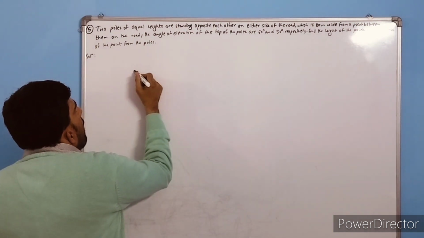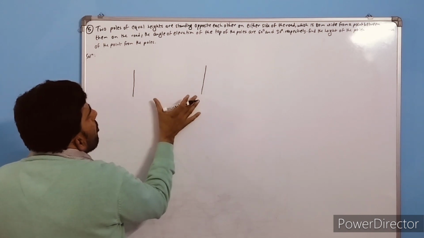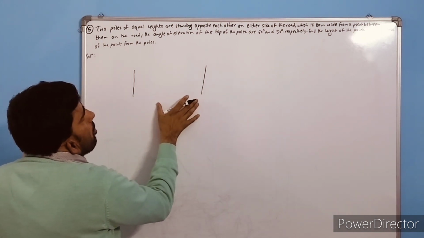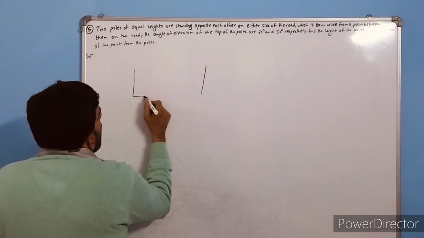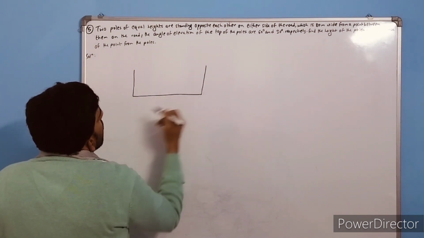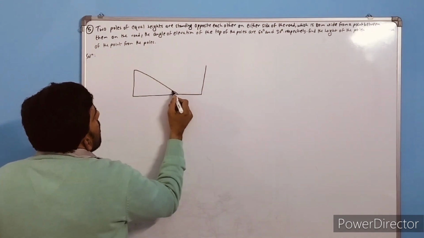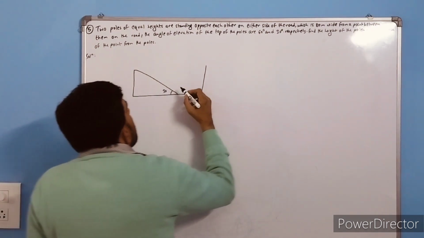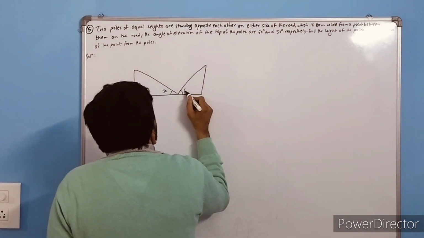Let us draw, because the numerical says we have two poles of equal height standing on either side of the road. One is making an angle of 30 degree and the other is making an angle of 60 degree.